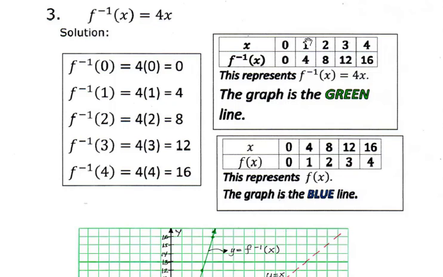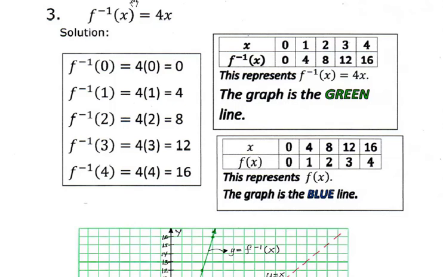Anyhow, this is the table of values for f inverse of x equals 4x. And this is the table of values for f of x, which we may not know. Of course, in the previous video that I had presented, there is the process on how to get the inverse function.